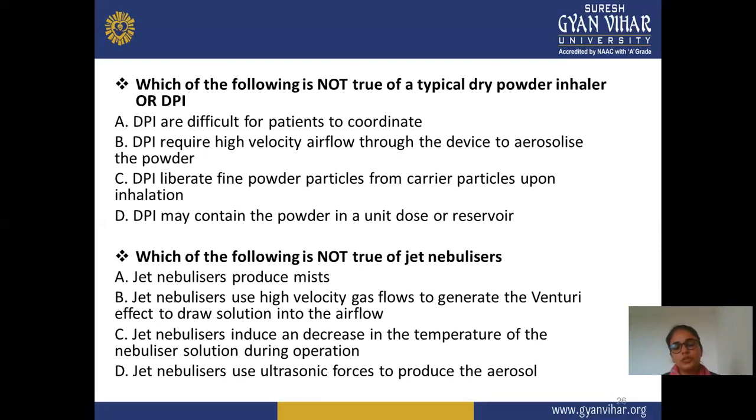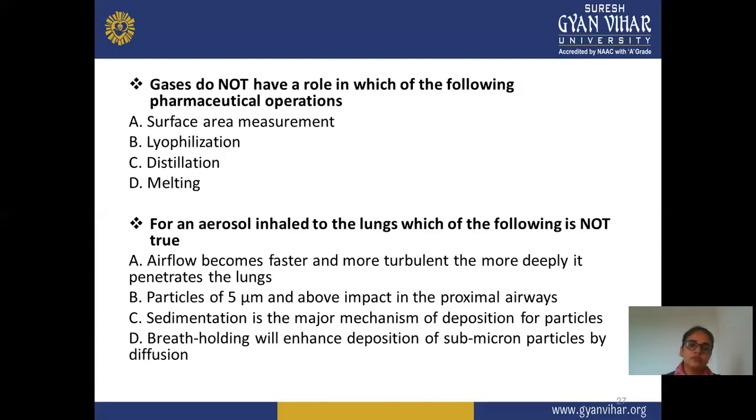Next, C option: jet nebulizer induces a decrease in the temperature of the nebulizer solution during operation. Next, D option: jet nebulizer uses ultrasonic forces to produce the aerosol. So these are the four options regarding the jet nebulizer. Now you can easily select the correct option out of these four options.